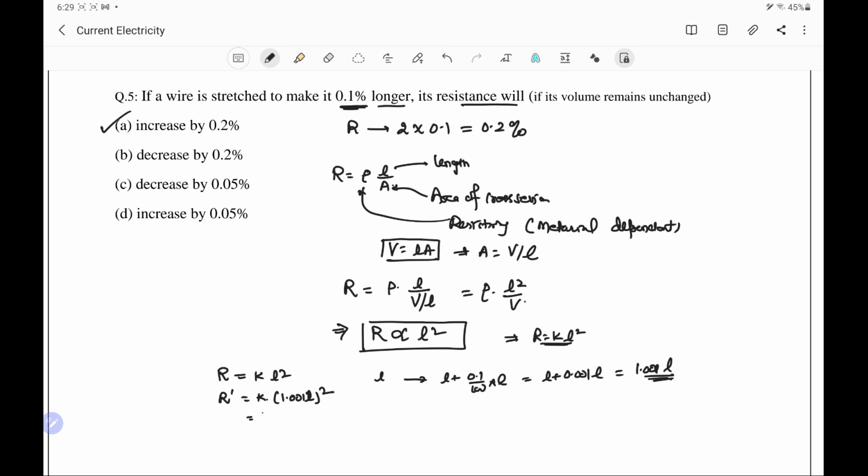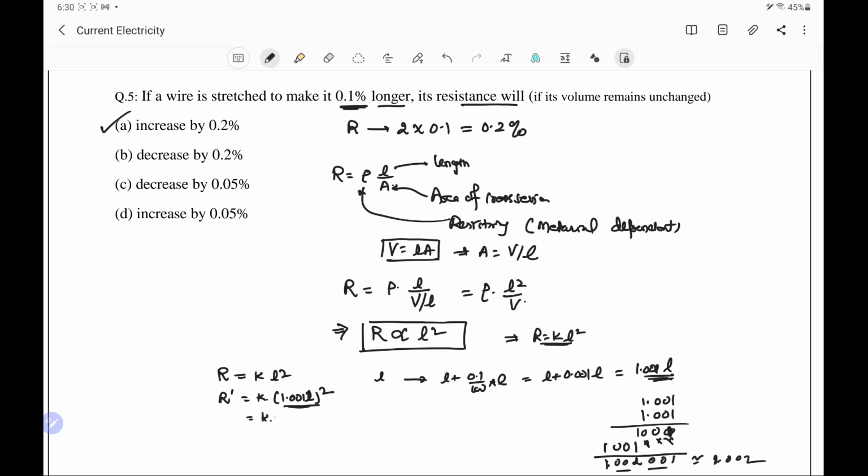This is equal to K into, now we have to solve 1.001 square. On solving, we multiply 1.001 with 1.001. It will be 1001 and then 1001. This is the method of multiplication, and we get 1002001, and the decimal will be after 6 places, so it is 1.002001.